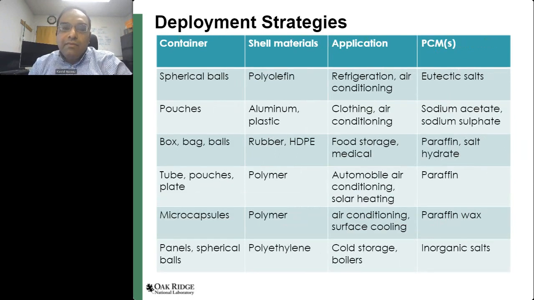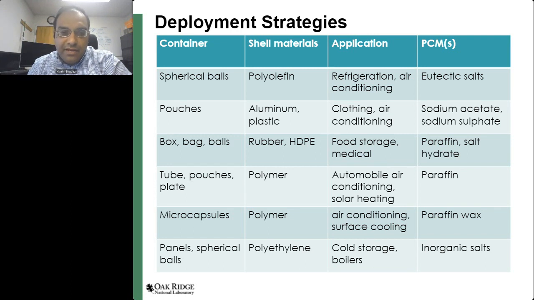One other important criterion to consider is the deployment strategies. This table over here just shows you an overview of how these materials have been deployed in existing applications. Obviously, when we look at the container approach, or we are trying to embed these materials, there can be deployments such as spherical balls, pouches, boxes, and tubes.